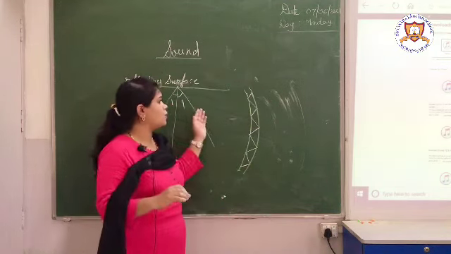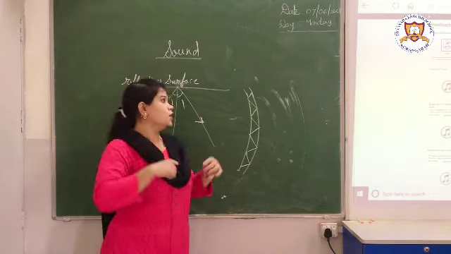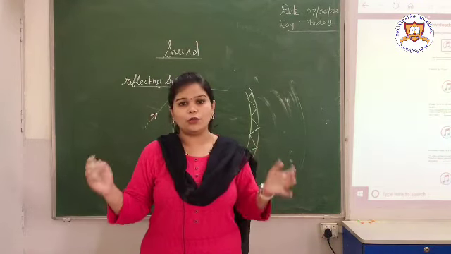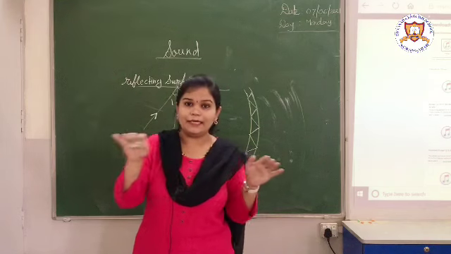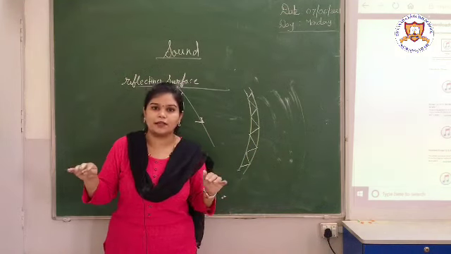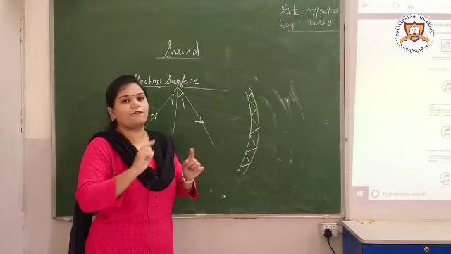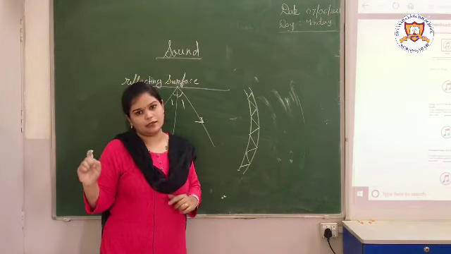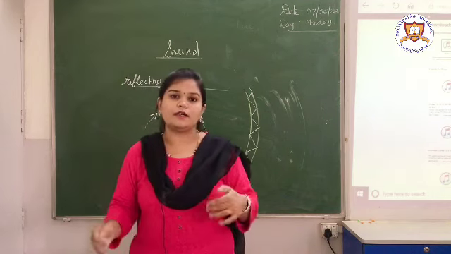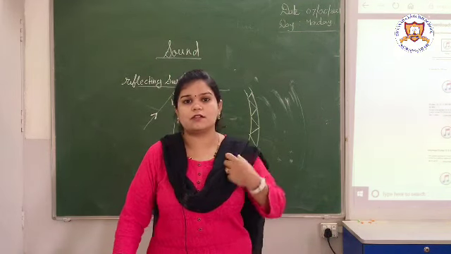Reflection of sound is also used in auditorium halls. The auditorium hall is constructed, and the roof is built, so that there is continuous reflection of the sound, and the listener can listen to the sound properly.